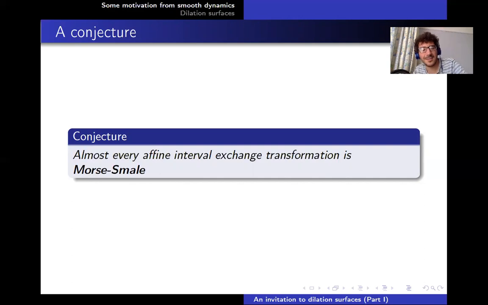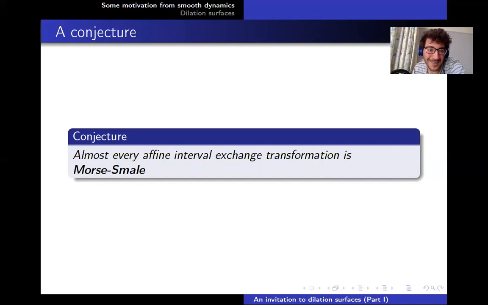These might sound like specialist distinctions: why would you study those affine interval exchange maps instead of circle diffeomorphisms? It's true, but still, they're simpler objects, and you might find them interesting.